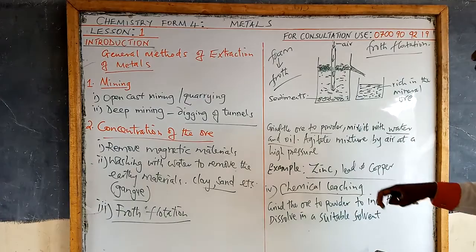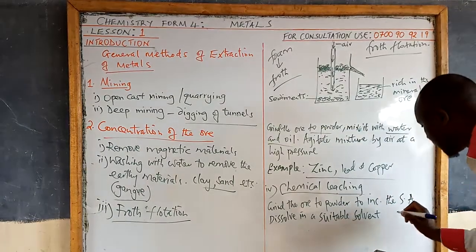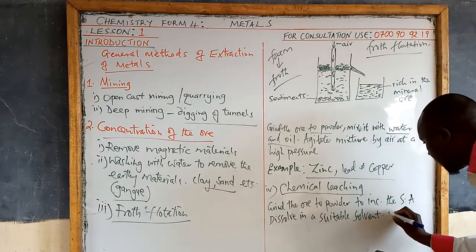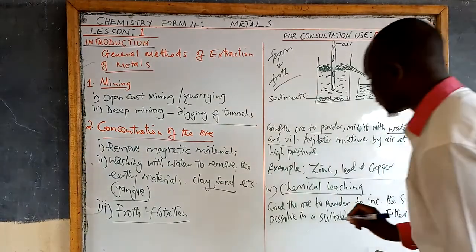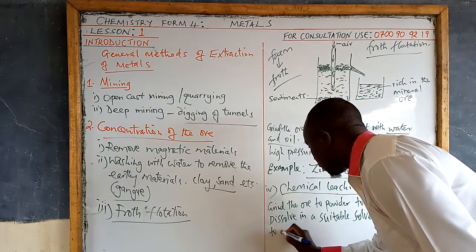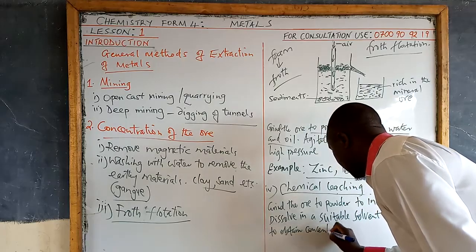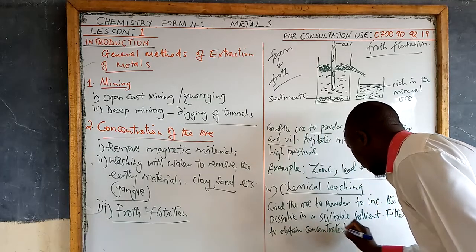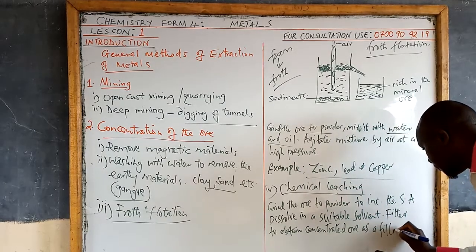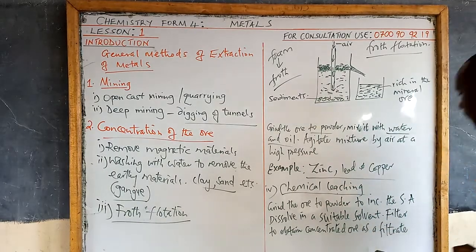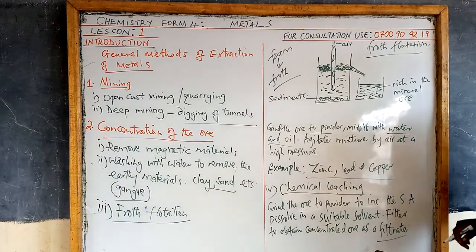From the filtrate, you can obtain your metal of interest. So you filter to obtain the concentrated ore as a filtrate. The ore that you want will mostly be in the filtrate.